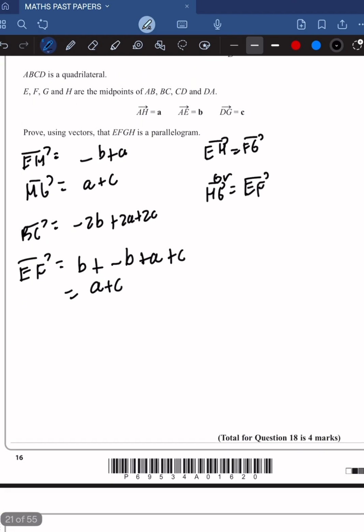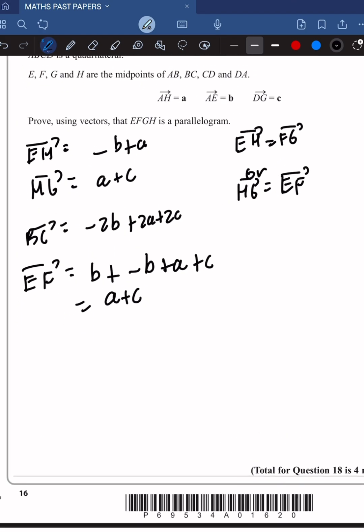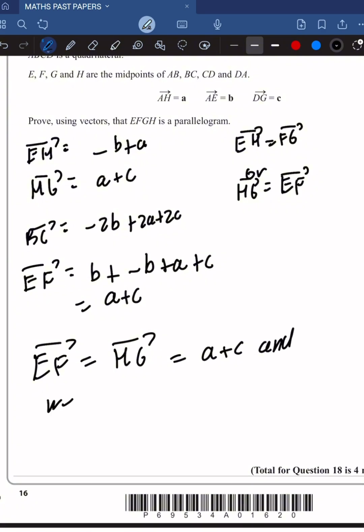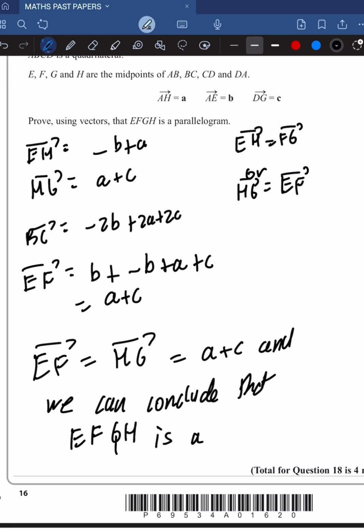And essentially, now what we can see is that E to F equals H to G equals a plus c, and we can conclude that EFGH is a parallelogram. And there we go.